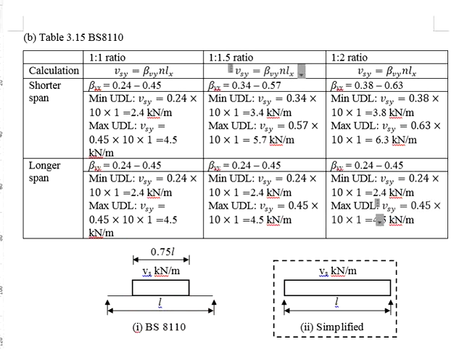The British Standard assumes concentrations of the loads at the center part of the beam. However, normally we will adopt the simplified method.